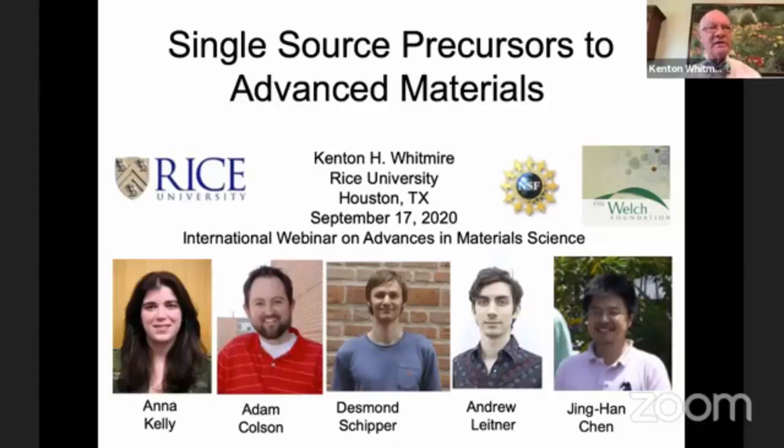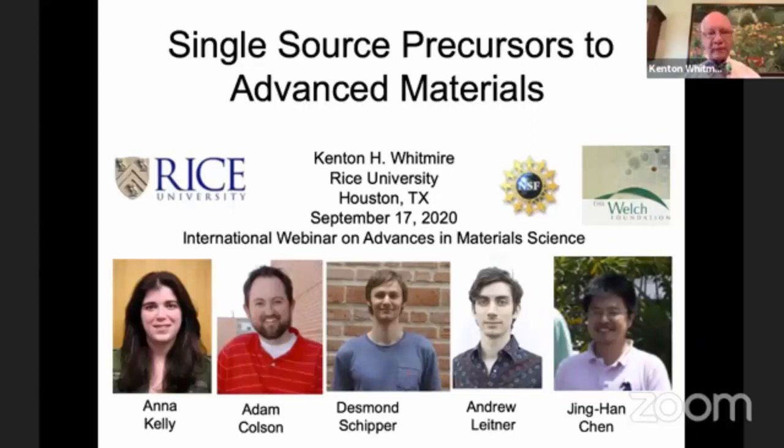And at the time that Anna began years ago, the expertise in organometallic chemistry in my lab had dwindled and she had to recreate knowledge from scratch. So she was a pioneer, and then this project was taken over by Adam as a graduate student. When Desmond was working on the project, we were able to add two postdocs, Andrew and Xinghan, to this effort.